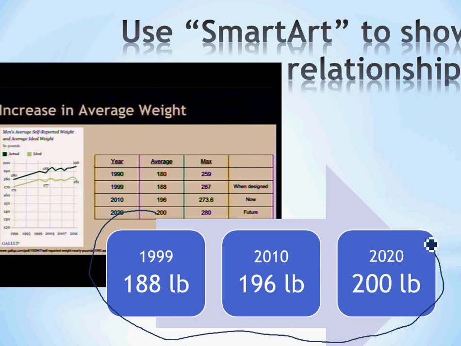This is an arrow and some growth here, and I might animate it so I would have the 1999 information pop up first, then the 2010, then the 2020, and talk about how the average weight was increasing. Or I might just want to have this on there and point to the weight information.